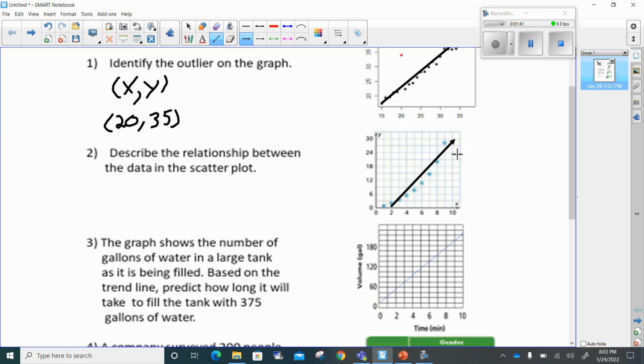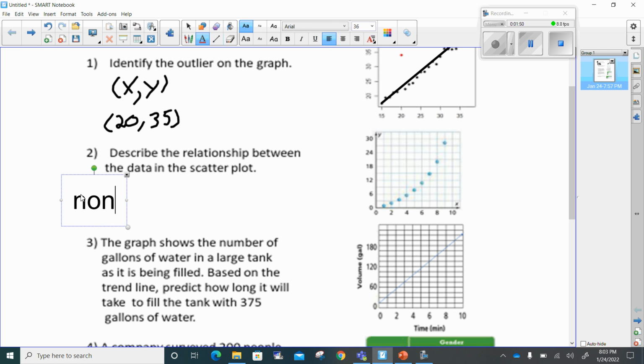So this tells me that it is not linear, and another term for that is a non-linear association.